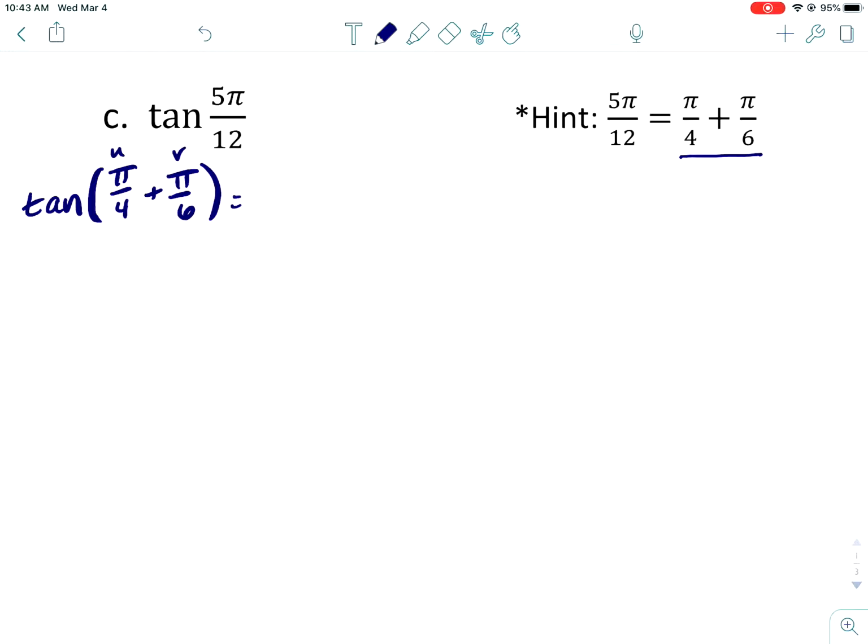It should be page 375. If you don't have these identities on your desk, this lesson makes absolutely no sense.